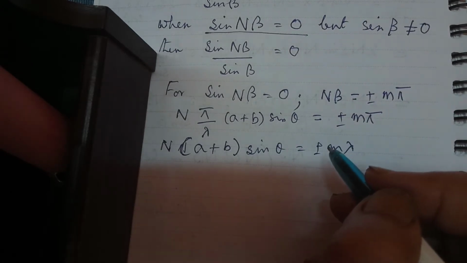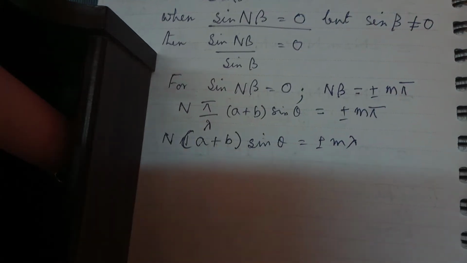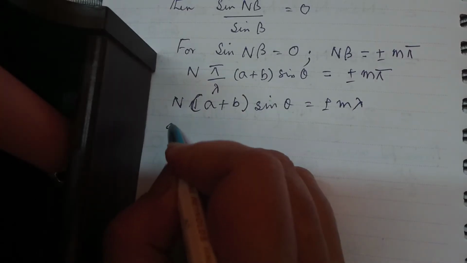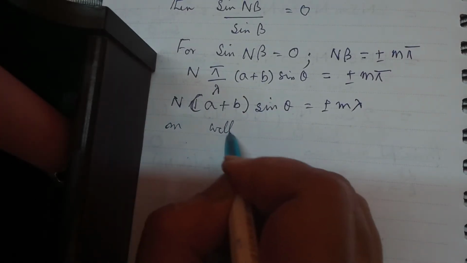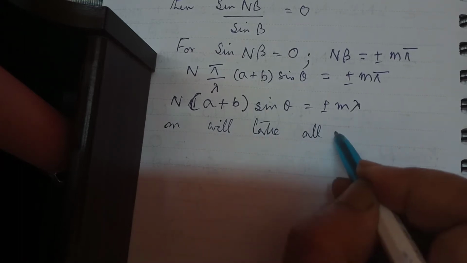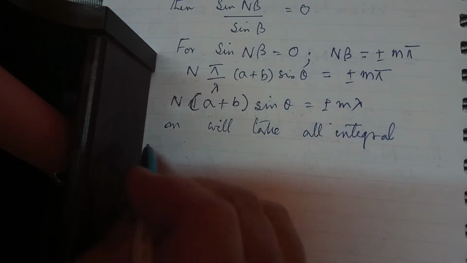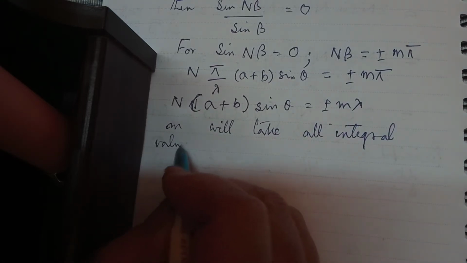So m has all integral values, you will see, excepting what? So m will take all integral values, this is very important to understand. If you have not, please let me know.